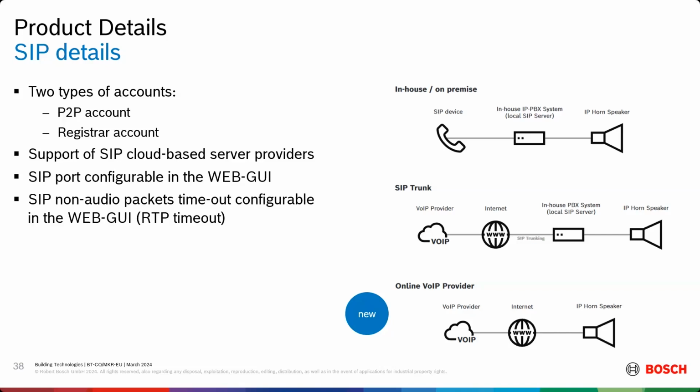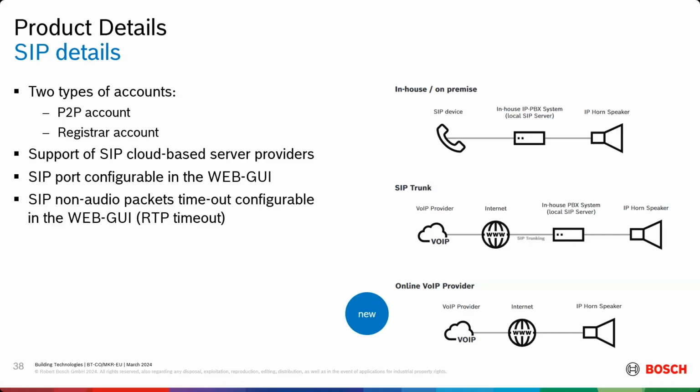First, the in-house SIP server with no connection to the internet, meaning the SIP phone, the SIP server, and the IP horn are all in the same local network. Then the SIP trunk, where you have a connection to the voice over IP provider via the local SIP server using SIP trunking, and the IP horn is connected to the local SIP server.